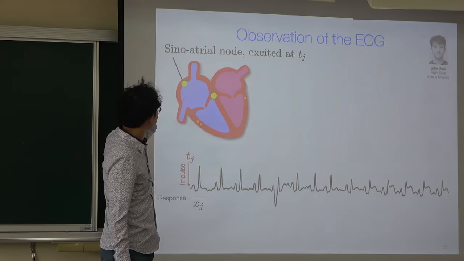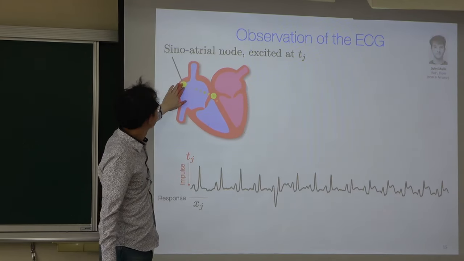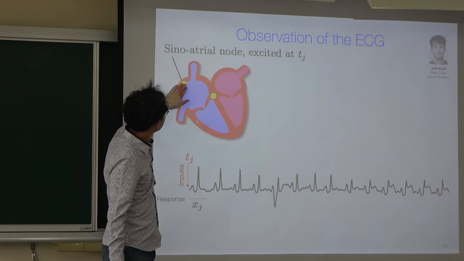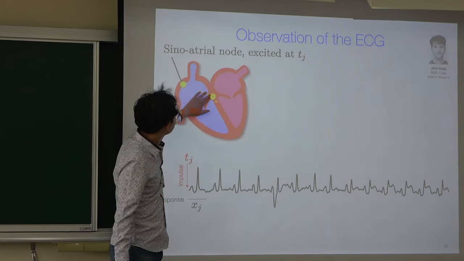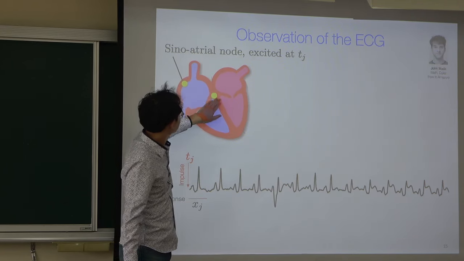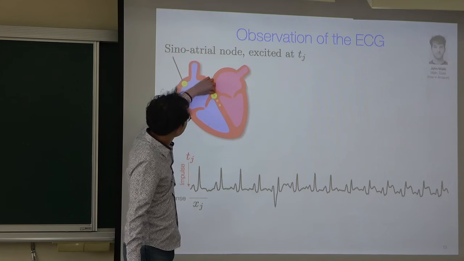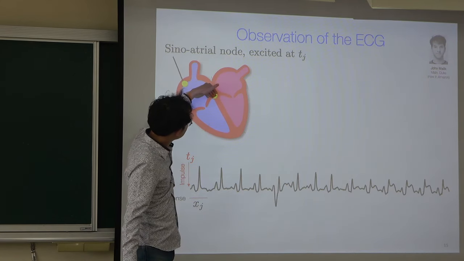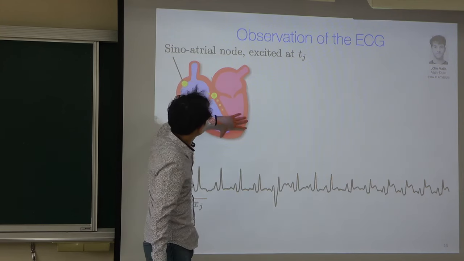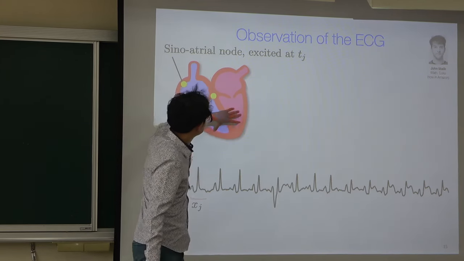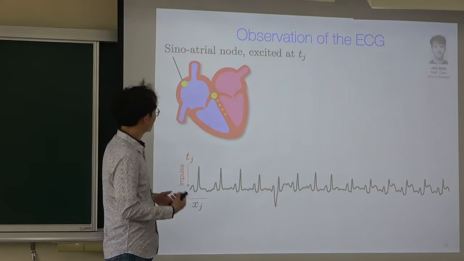The SA node has a self-paced regular pacing, and after the pacing, it generates some stimulation, which is buffered in the AV node. Once the AV node is buffered, the electrical activity goes through the Purkinje fiber to stimulate the contraction of the ventricle. That repeats again and again.